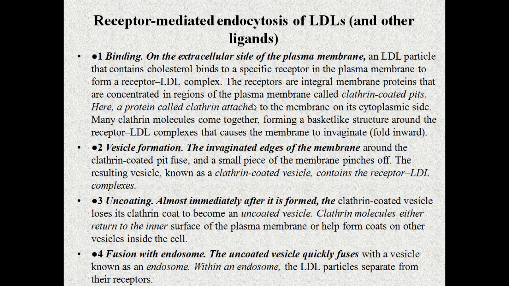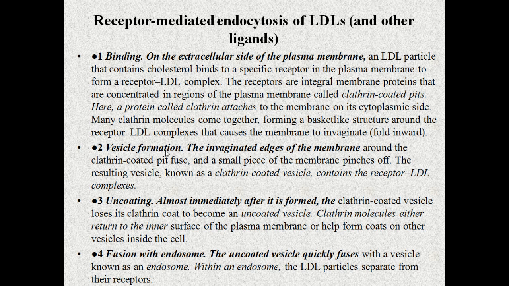The clathrin attaches to the membrane on its cytoplasmic side, so the receptor is on one side and clathrin on the cytoplasmic side. Many clathrin molecules come together forming a basket like structure around the receptor LDL complex. This will cause the membrane to fold inside.